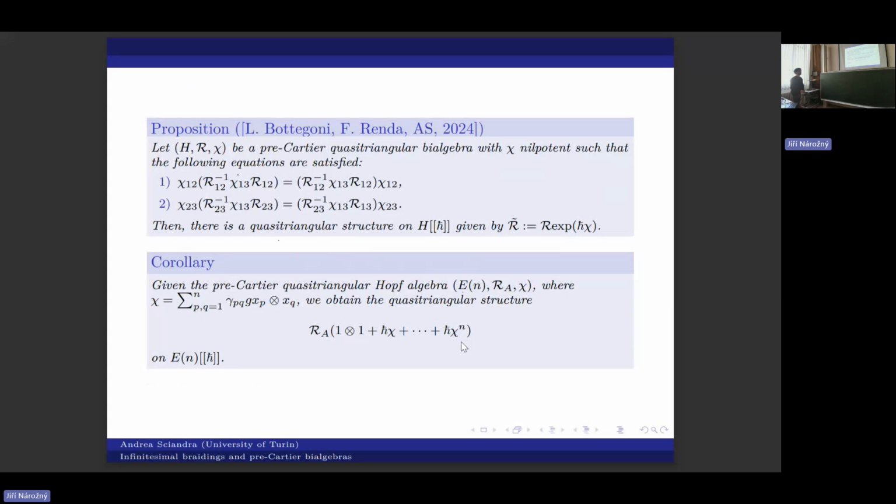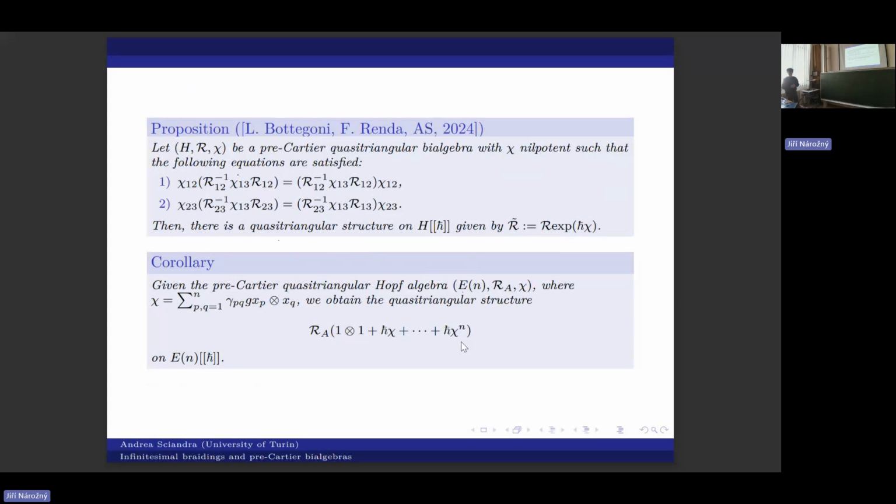In fact, chi to the n plus 1 is 0, so the sum is finite, and this is the quasi-triangular structure. So when we have this pre-Cartier structure satisfying these two conditions, we are able to obtain a new quasi-triangular structure on the formal power series expansion of the bialgebra.